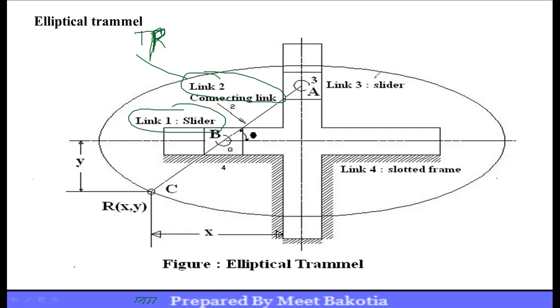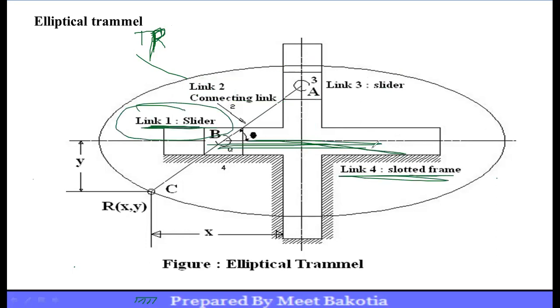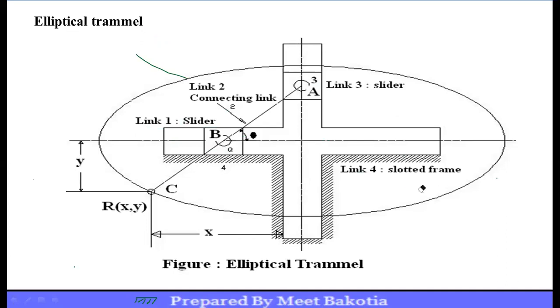Link 2 and 3 is also a turning pair. But link 3 and link 4 is the slotted frame. So link 3 slider is going to slide with respect to the slotted frame. Hence, it is a sliding pair. Same way, link 1 and link 4: slider 1 is going to slide with respect to the slotted frame. Hence, this is also a sliding pair. So in the double slider crank chain mechanism, there are two turning pairs and two sliding pairs.